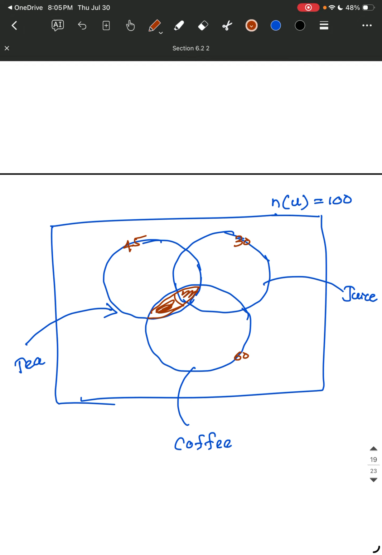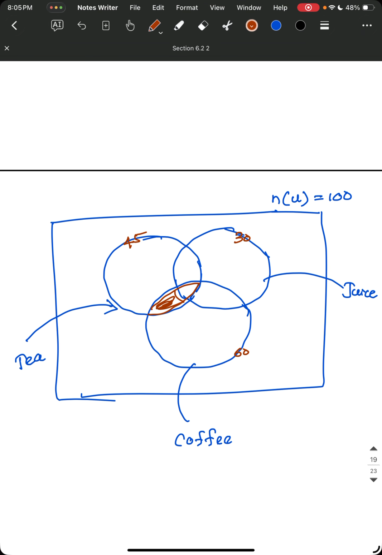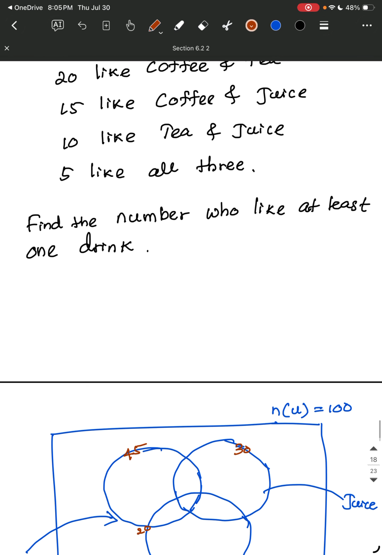Total 20. Also, 15 like coffee and juice.